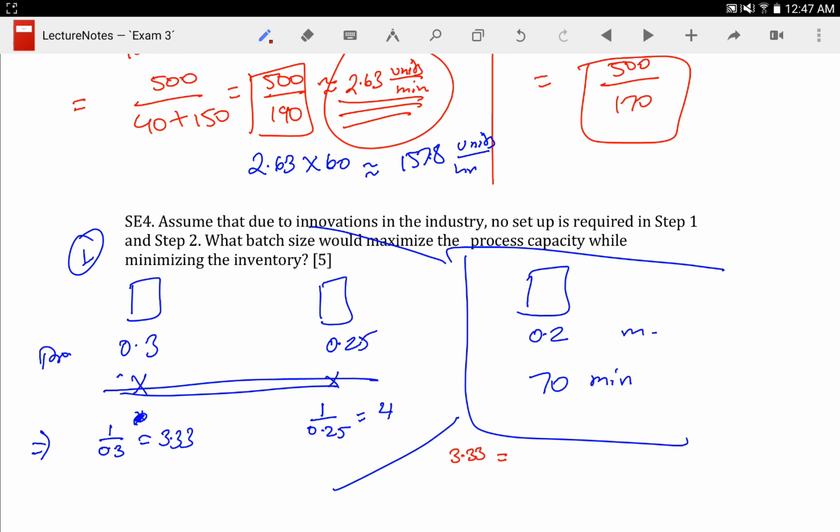That's our target capacity. And to get that target capacity, we want to find the batch size here. We know the setup is 70 minutes, plus we know batch times the processing time of 0.2. So to get this target capacity of 3.3, what should be the batch size?